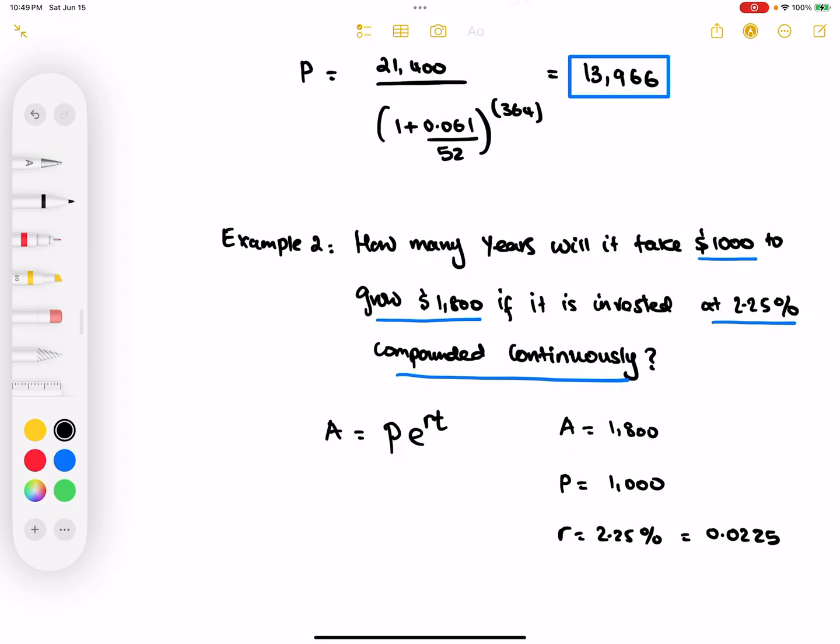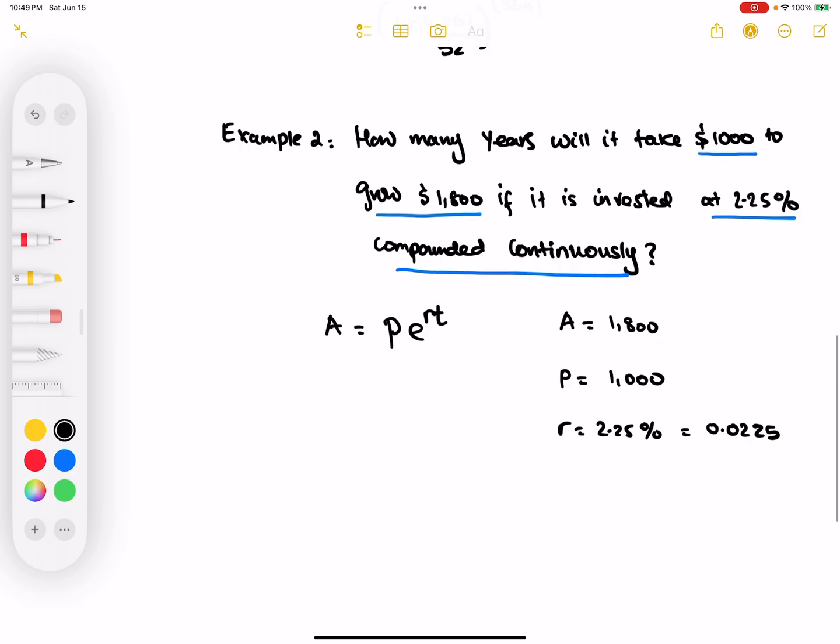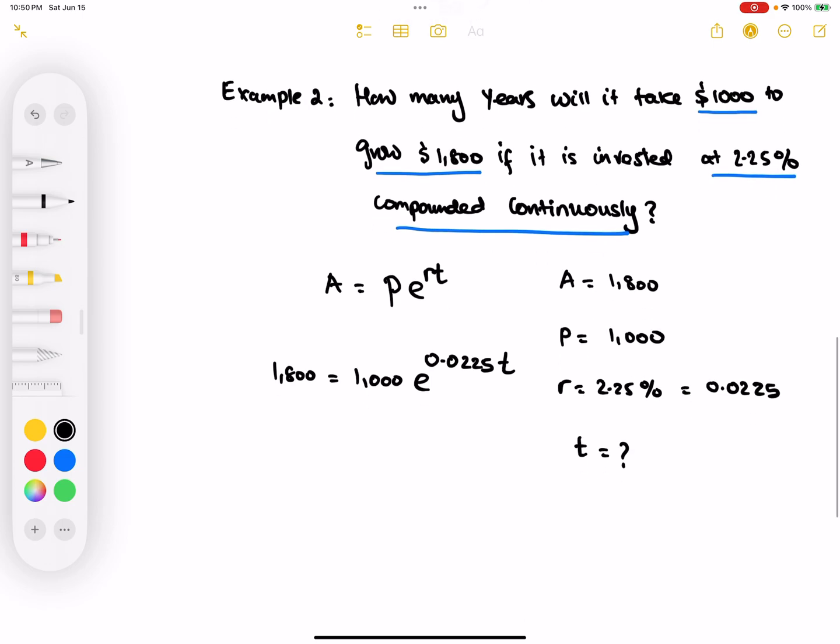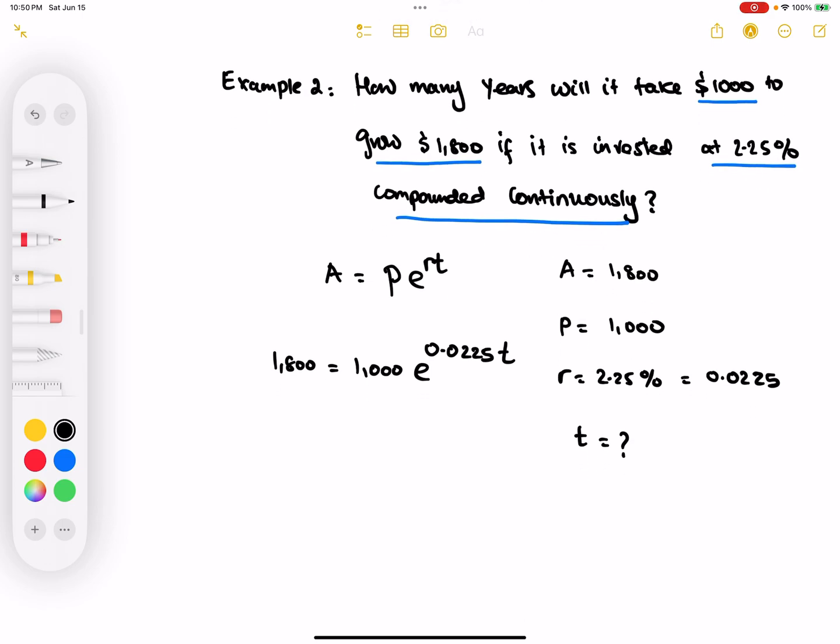So once you identify the values, you have to plug in into the formula. Now I can plug in 1,800, P is 1,000, e is a constant, but you can use your calculator. This one is 0.0225 times t. So time is unknown. Now, if you look at this one, it's an exponential function, so you have to convert into logarithm.